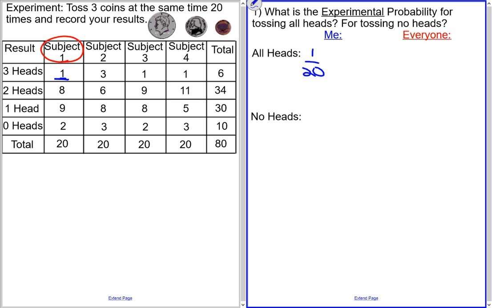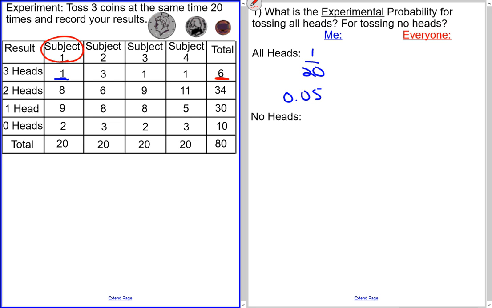I could turn that into a decimal. It might be nice. Oh, not 0.5, sorry. Let's try that again. How about 0.05? So 1/20th or 0.05. If I look at everyone, all heads, now everybody had that happen 6 times.